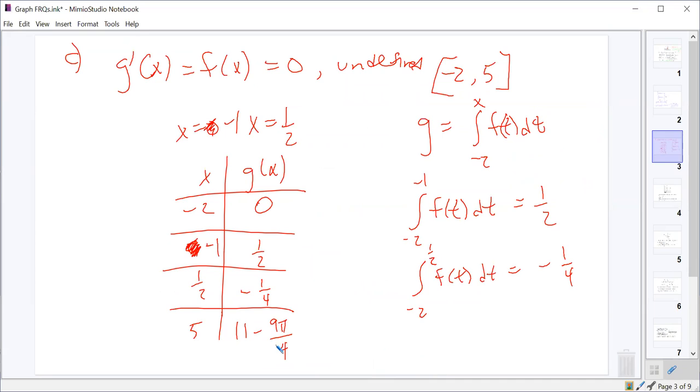It's clearly not 0. It's clearly not -1/4. This 9 pi over 4, what does that come out to be? A little more than 27, 28 over 4, which is clearly going to be larger than 1/2. So our absolute max is 11 minus 9 pi over 4, and it occurs at x equals 5.